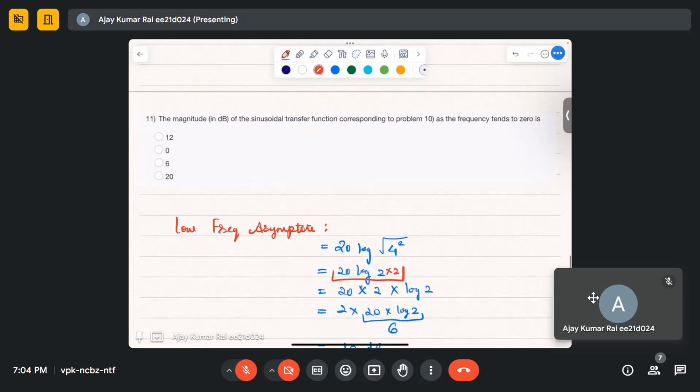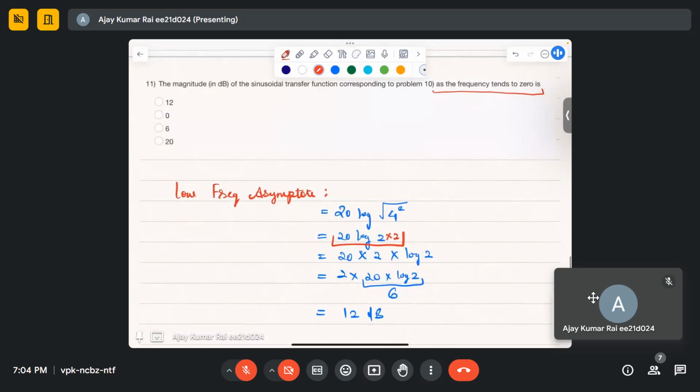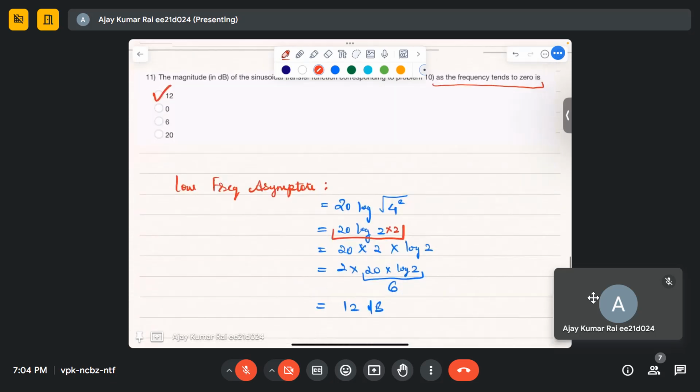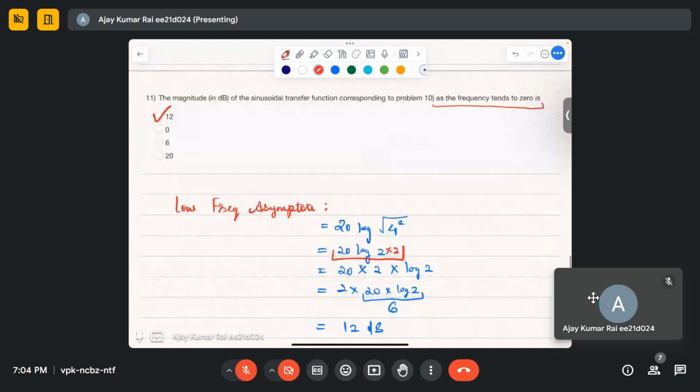That's what is asked in the question, as the frequency tends to 0. So this is the magnitude, right? 12 dB. So any doubt?